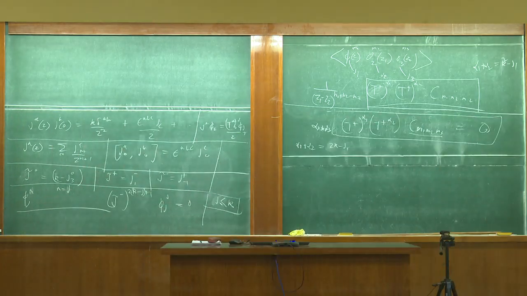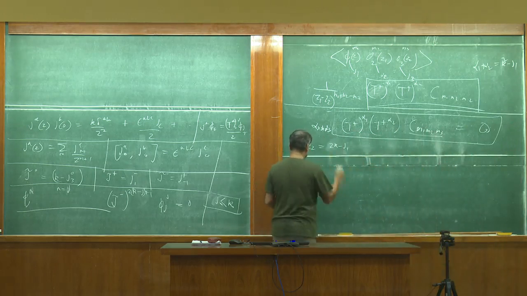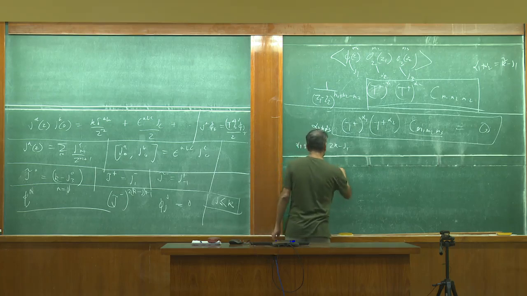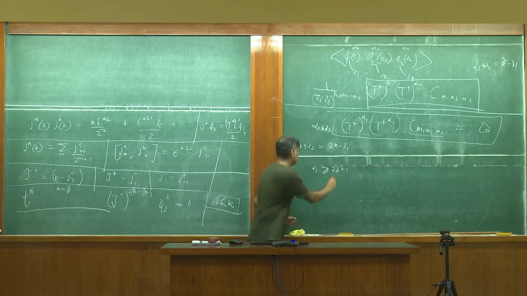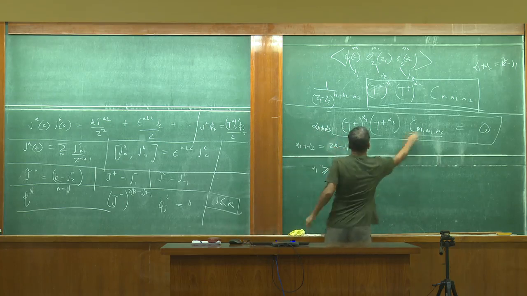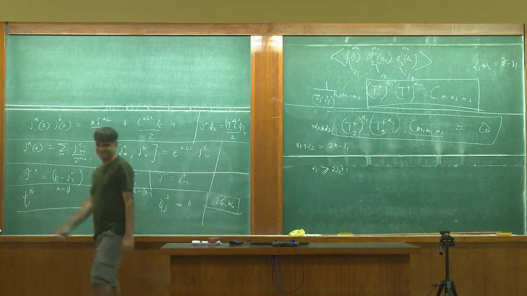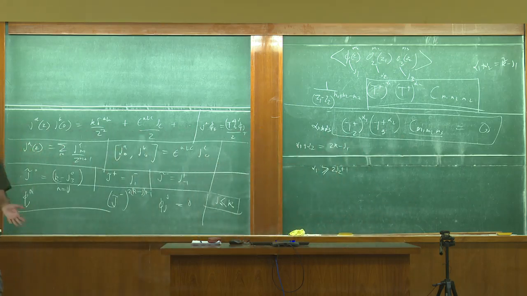Now, let's see. Suppose alpha 1 was greater than or equal to 2j1 plus 1, j2 plus 1. This is acting on j2 and this was acting on j3, because we started with j1 and then moved it on to j2 and j3.